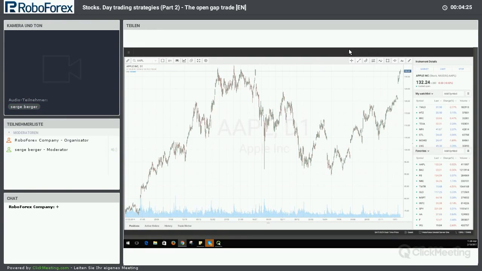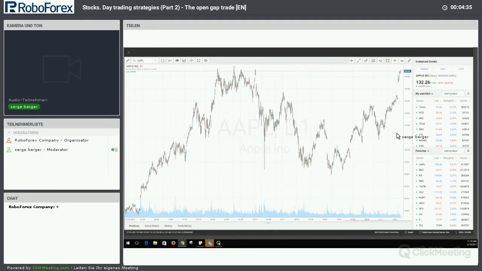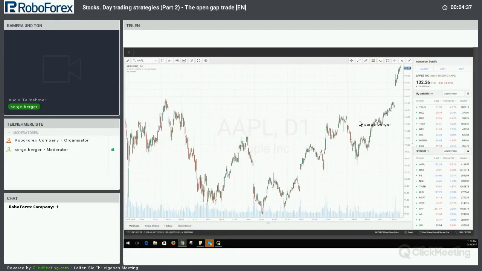Okay, perfect. All right, so I think the best thing to do would be to start off just looking at the daily gap. So let's start with the shares of Apple. So first of all, let's quickly define what a gap is. Very simply, to me, a gap here is really what you see here.